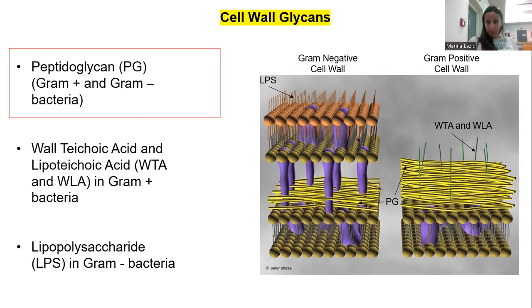If they bind to the cell membrane, then they're lipoteichoic acid. If they bind directly to peptidoglycan, they are just teichoic acids, and teichoic acids are a landmark of gram-positive bacteria. Peptidoglycan exists in both. And there is lipopolysaccharide, LPS, present in gram-negative bacteria, a landmark of gram-negative bacteria.